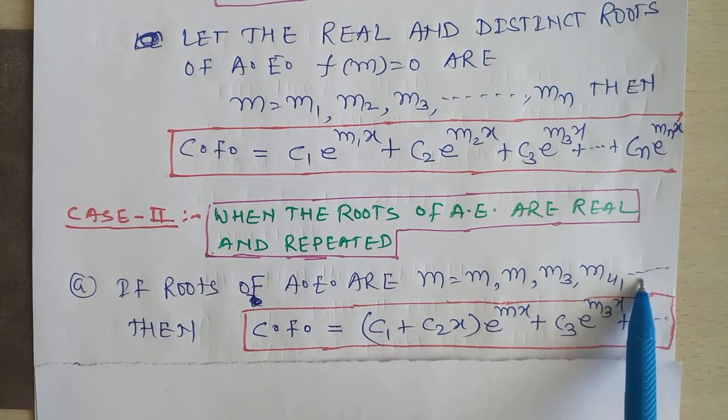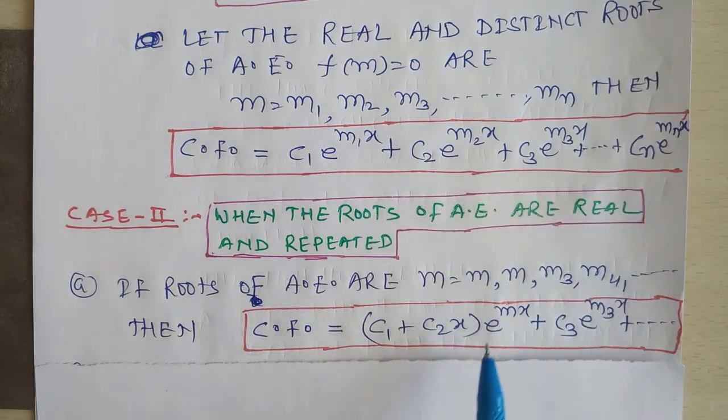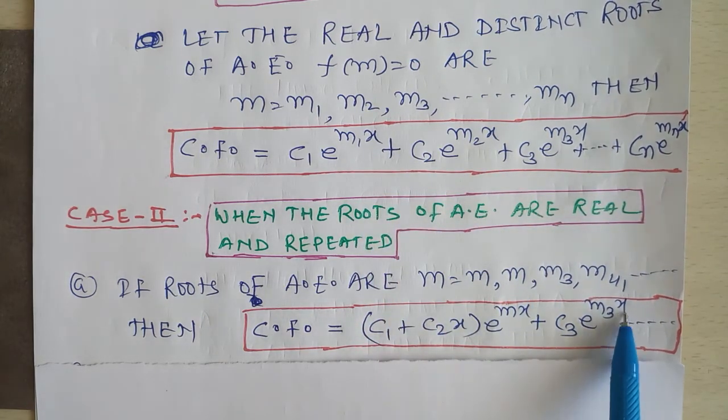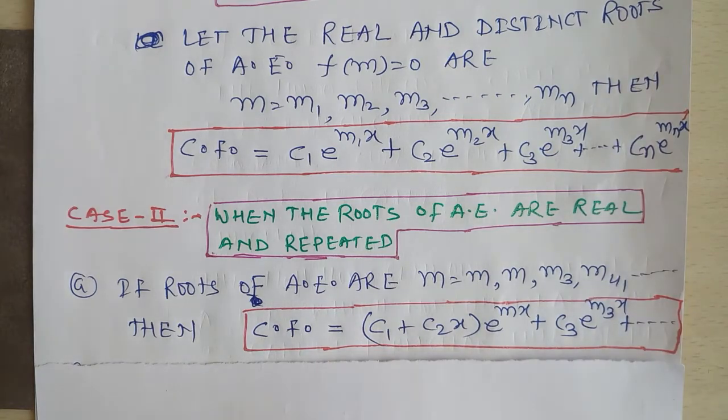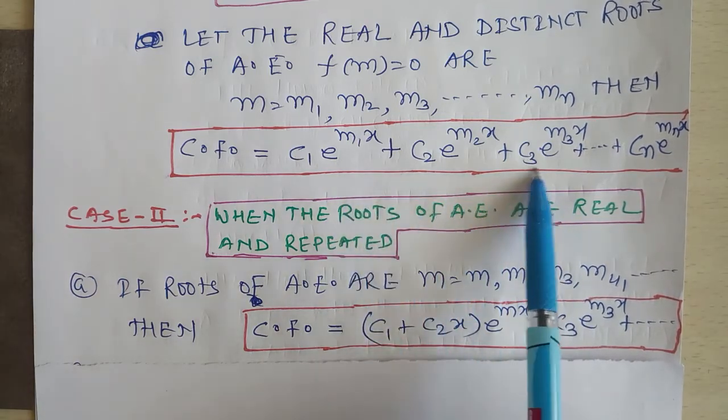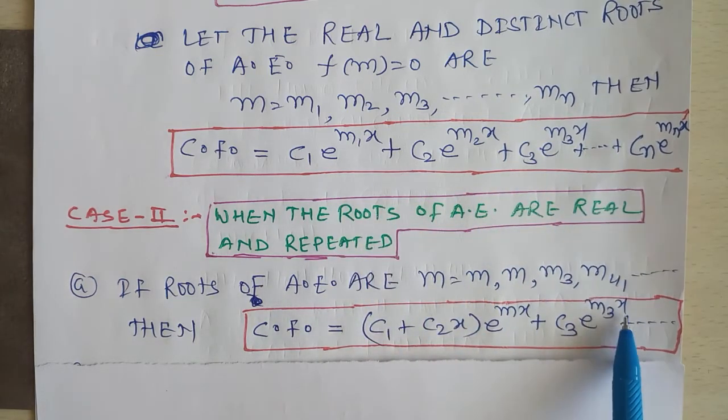Then the other roots are different, so in the same way we write C3 e power m3x plus C4 e power m4x and so on.